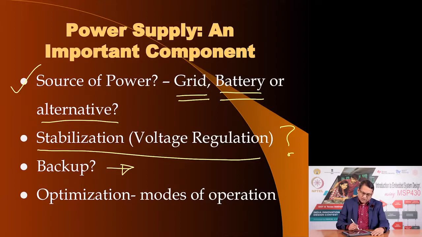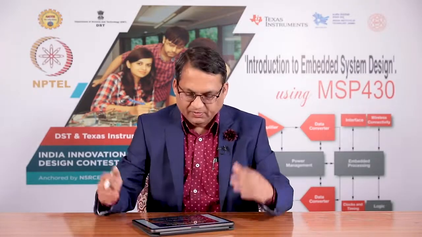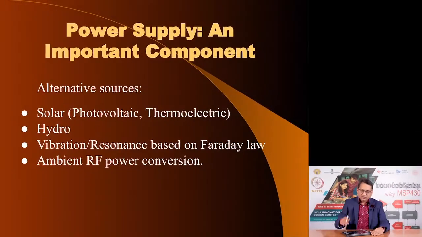And so, the modes of operation which are dependent on the microcontroller features, as we discussed in the previous lecture, you would want to invoke those modes so as to conserve available power. Let us go to the next slide.